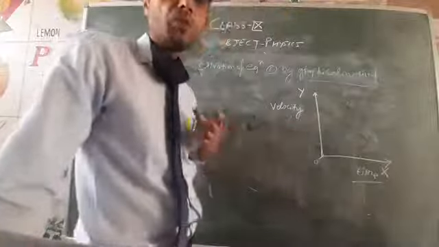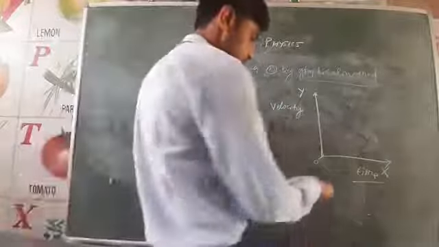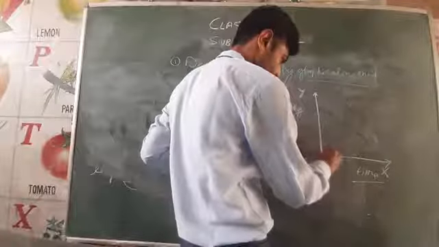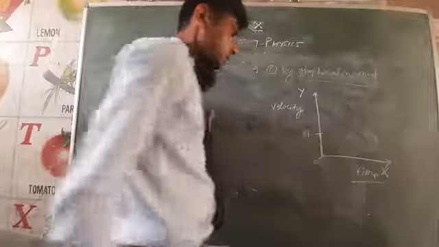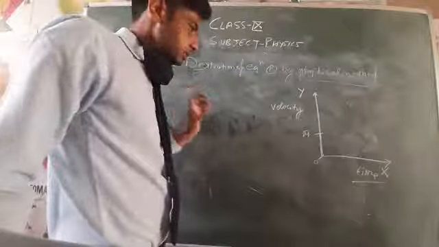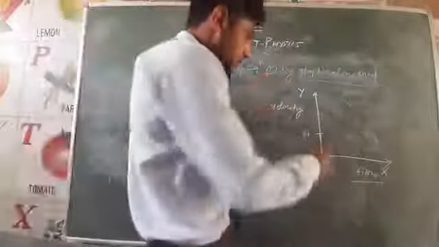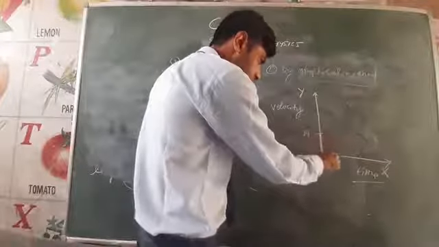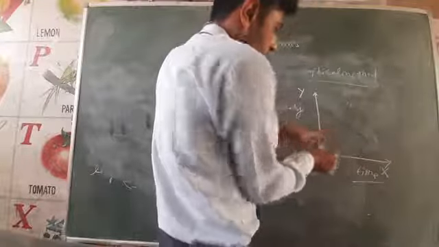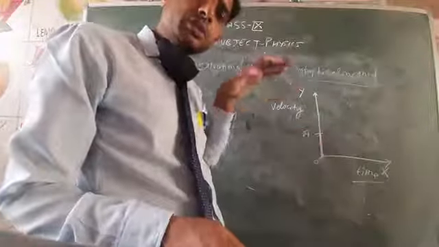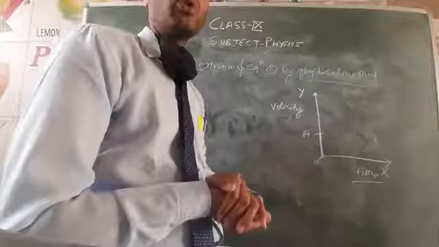A vehicle is moving with initial velocity u. So let this be OA. This is the uniform velocity with which the vehicle is moving. After point A, the velocity of the object starts to increase at a uniform rate.